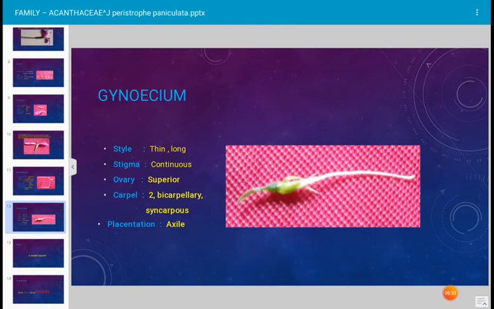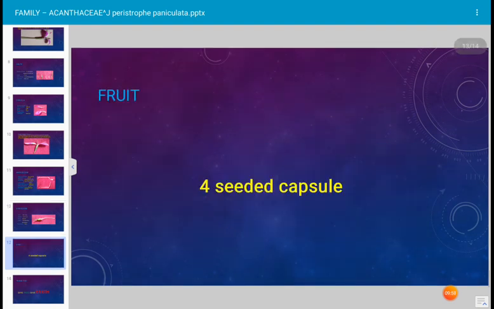Carpels are united, hence it is described as a syncarpous ovary in taxonomy. Placentation: how is the attachment of the ovules in the ovary wall? The attachment of the ovule is placentation. Placentation in Peristrophe paniculata is axile.